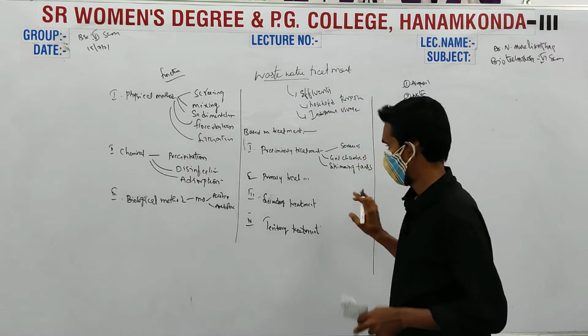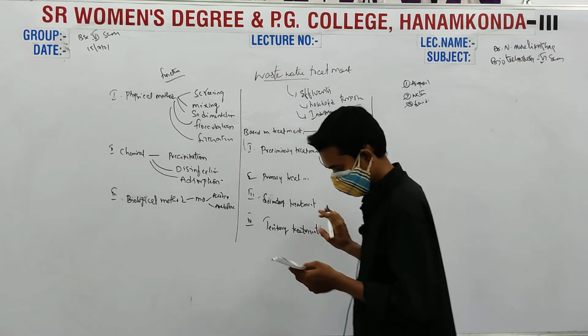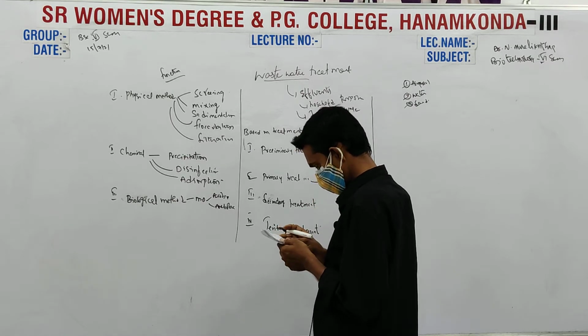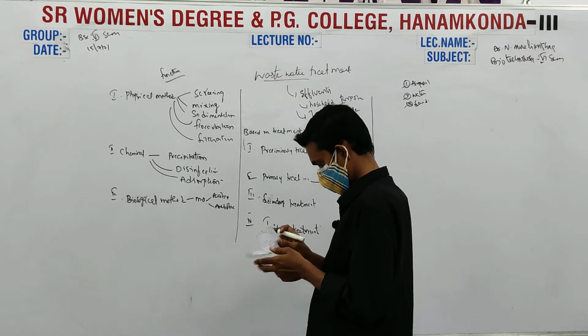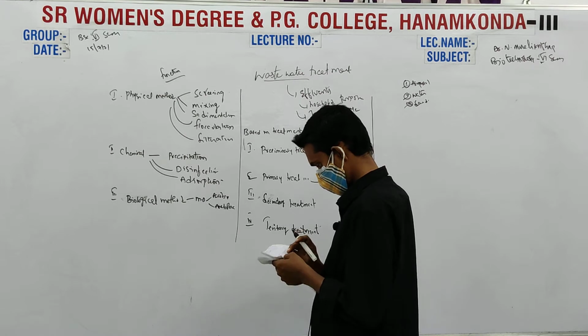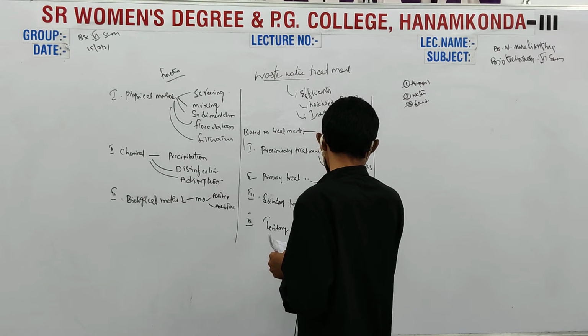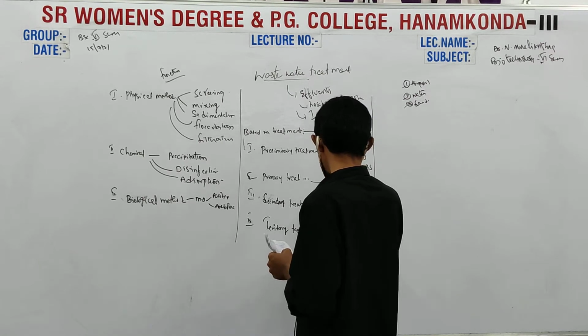These are the different preliminary treatments. Next, primary treatment includes sedimentation, which is also called the settling method.